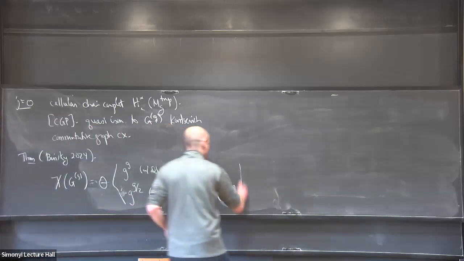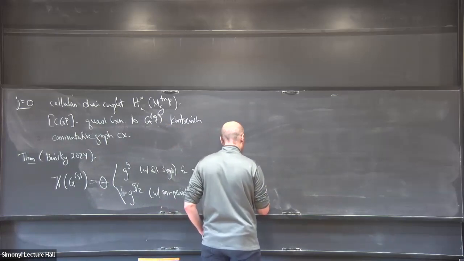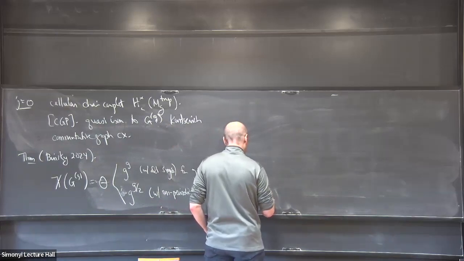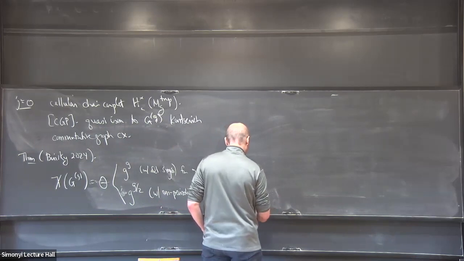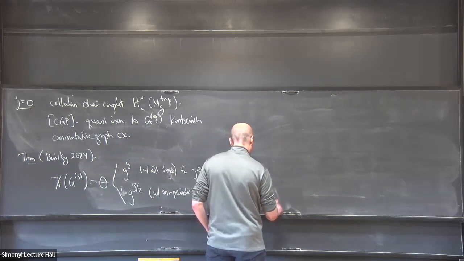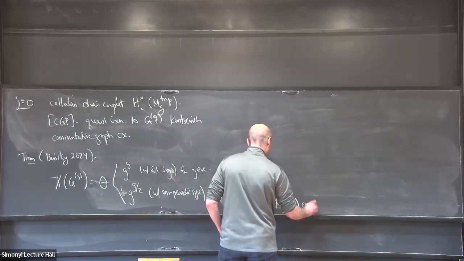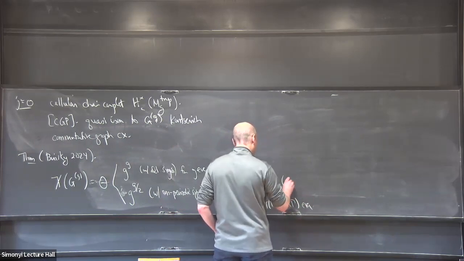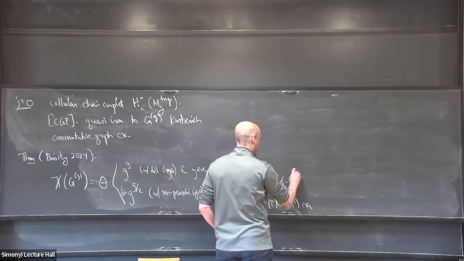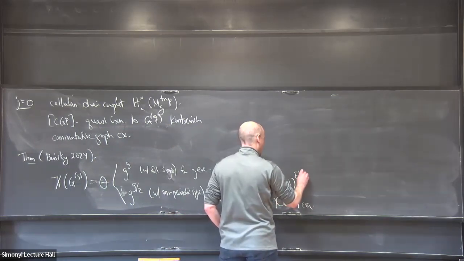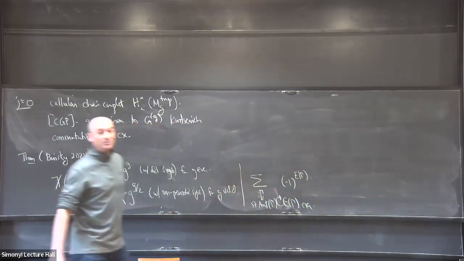And you can think of this, as I said, as the sum over stable dual graphs such that the action on the edge set is even, and then you count them with -1 to the size of the edge set. So this is now a graph enumeration problem.